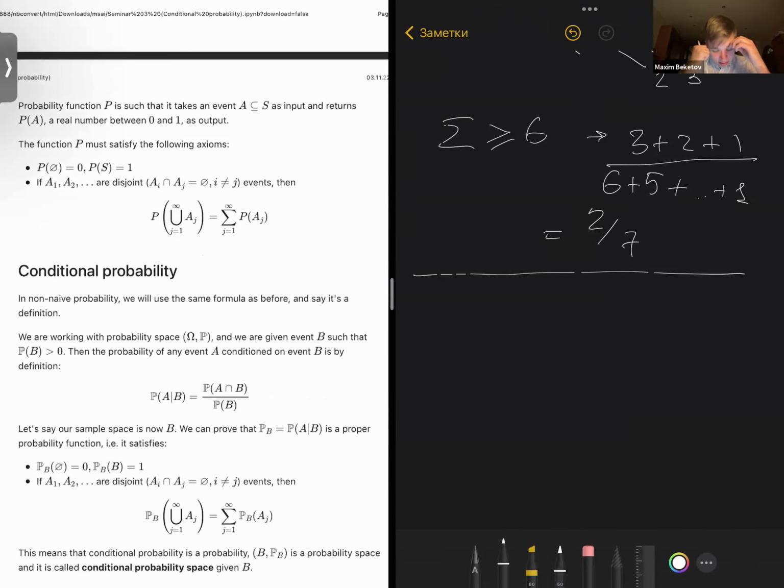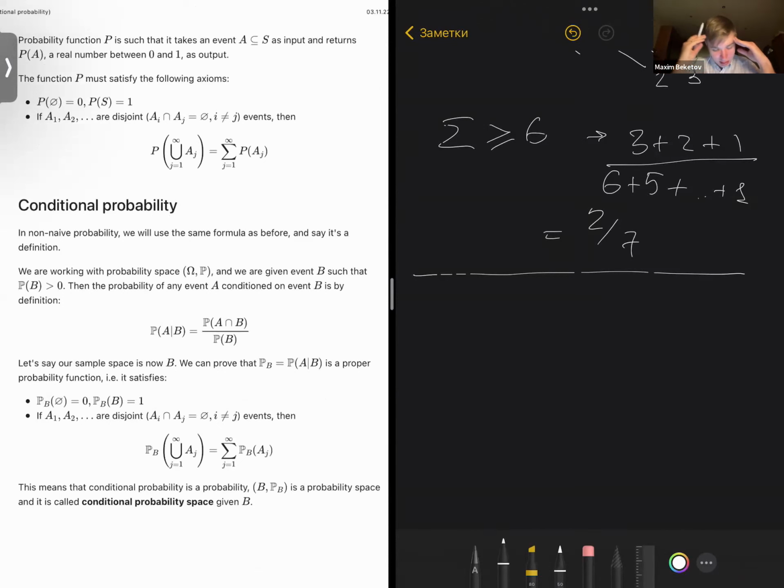And if they are not pairwise disjoint, then we have the inclusion-exclusion formula for that in general. And so the conditional probability is pretty much similar.